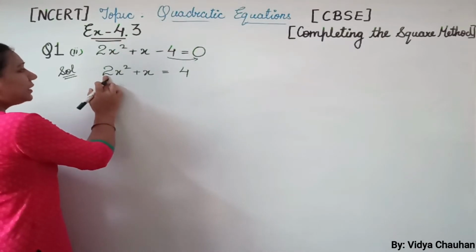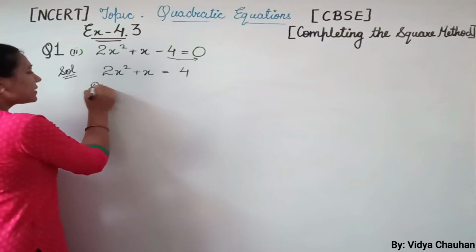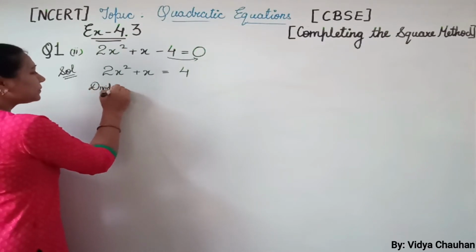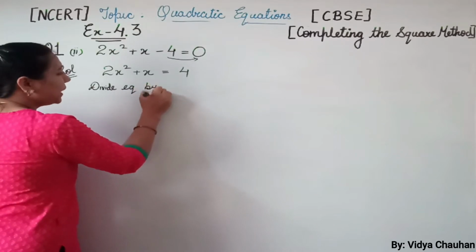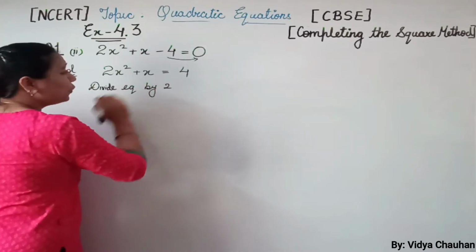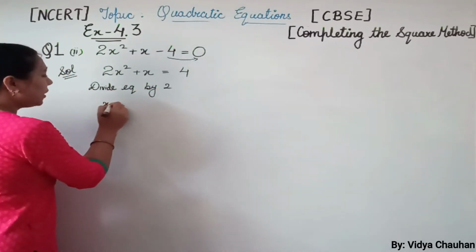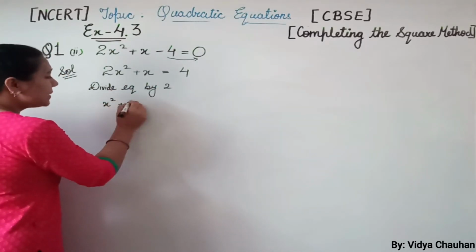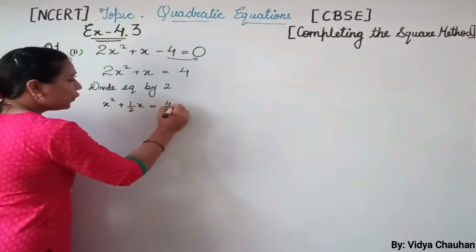Very first, here we have 2x square. So if I divide the complete equation by 2, my equation will become x square plus 1 upon 2x equals 4 upon 2.